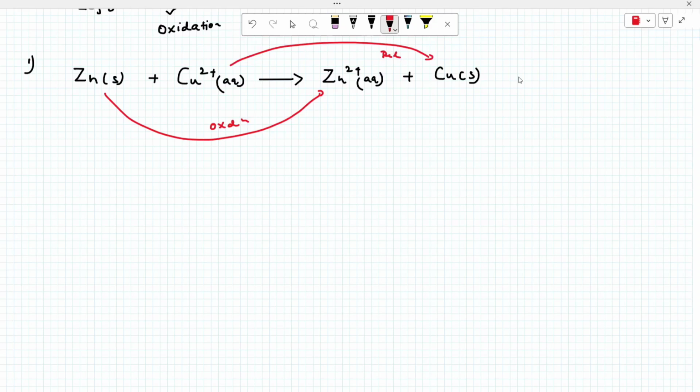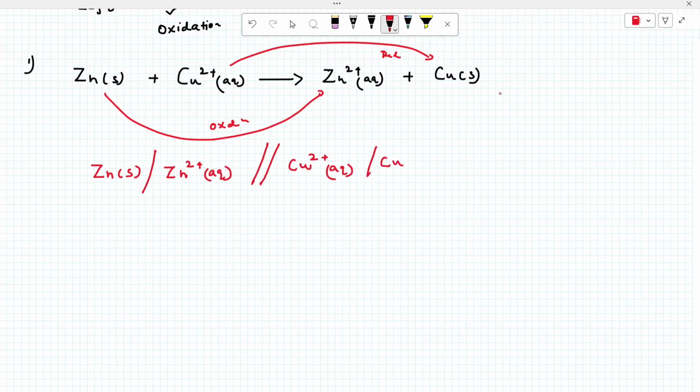Oxidation takes place at the anode, and the anode is on the left side. Now write zinc rod, zinc solid, then a single slash, and then Zn2+, and then a double slash, double vertical line. Now copper: Cu2+ aqueous, then copper solid.